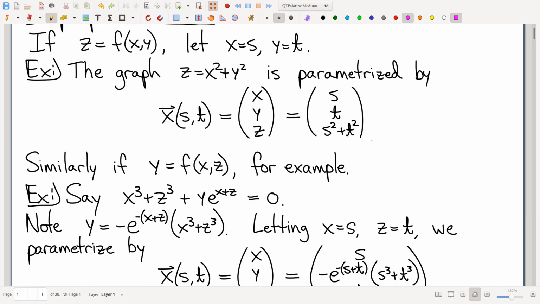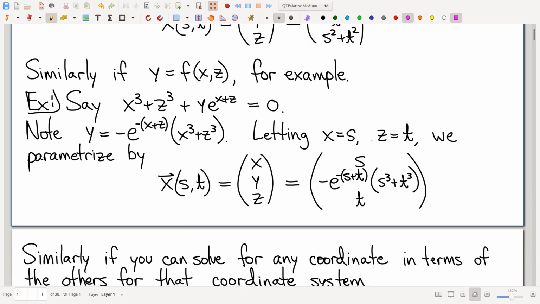Okay. All right. Another quick example. It doesn't have to be z as a function of x and y. Any variable in terms of the other two. So here you'll notice y is a function of x and z. Now, by the way, I'll also point out, since we're here, it didn't come to me written in that way, right?